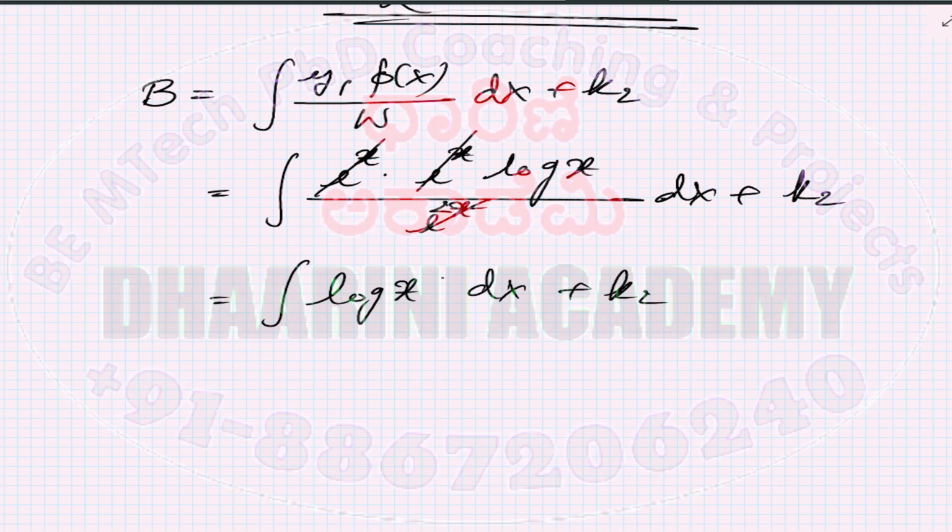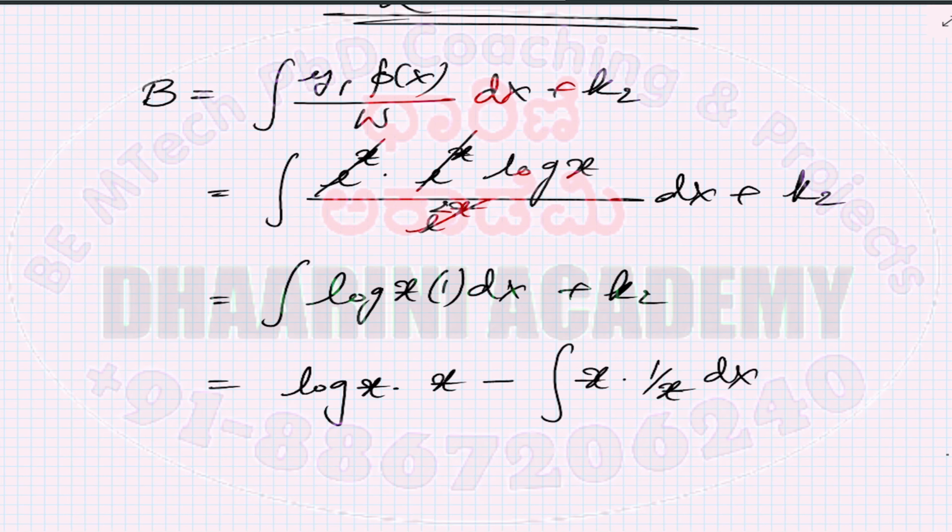So what we do, log x as log x into 1, because we want to apply integration by parts. So this is log x into second function's integration is x, minus integral of this x into differentiation of log x is 1 by x dx plus k2.